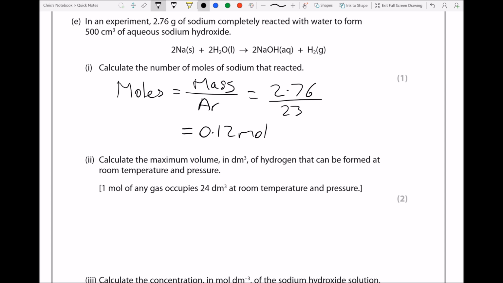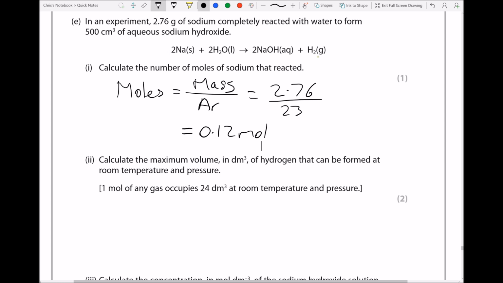Part 2. Calculate the maximum volume in decimeters cubed of hydrogen that can be formed at room temperature and pressure. So we're going to use 1 mole of any gas occupies 24 decimeters cubed at room temperature and pressure. Now, we need to work out the number of moles first of this gas, which is hydrogen. So we know the number of moles of sodium, but we know that's a 2-to-1 ratio.